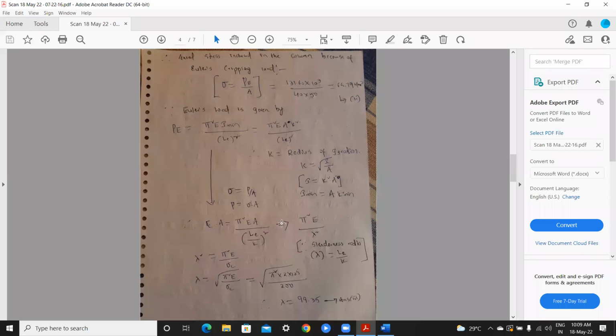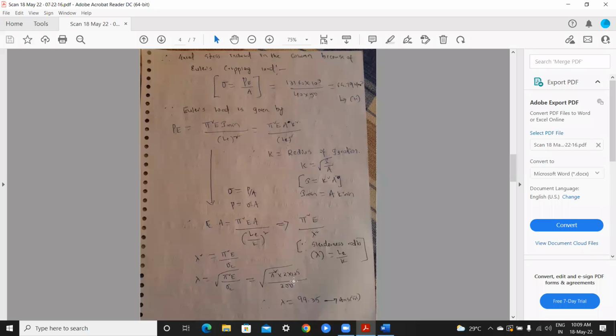Okay, so in the next step can we cancel this A and A? Here this side there is area, this side also there is area, right? Can we cancel these areas? So our formula will become pi square E by lambda square. Why? Because lambda is equal to slenderness ratio. From this we calculate our slenderness ratio: lambda is equal to under root pi square E by sigma c.